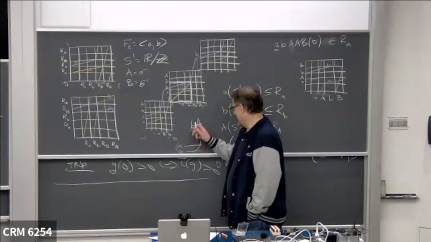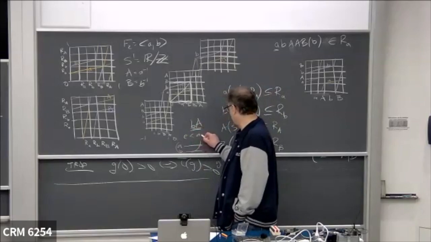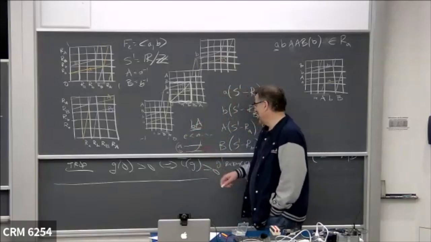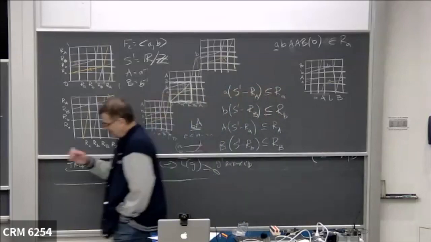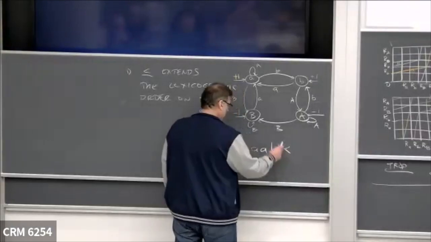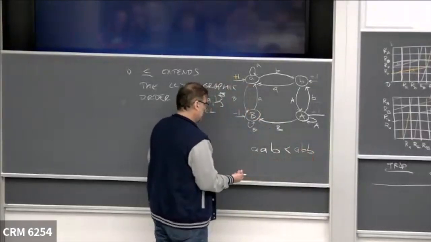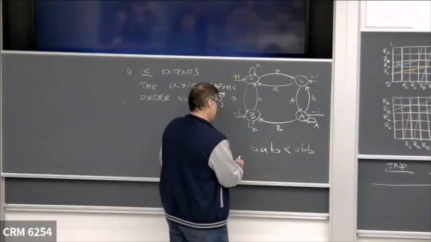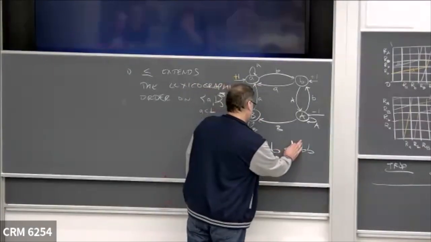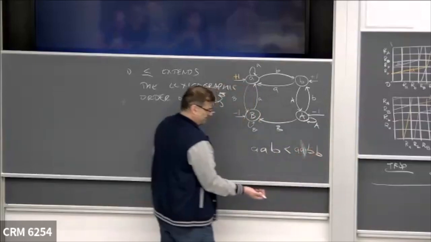Another thing that you have to prove is that anything that is a positive word is actually positive. You have to prove something like B is smaller than ABB. Actually, no. You want to know that things like this are true.